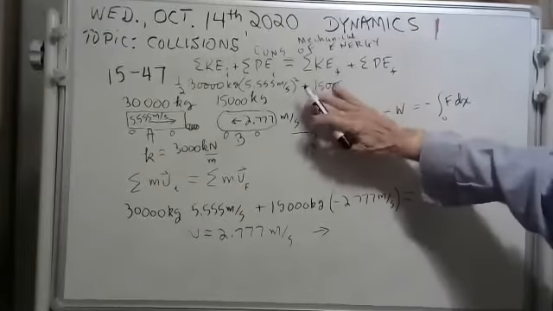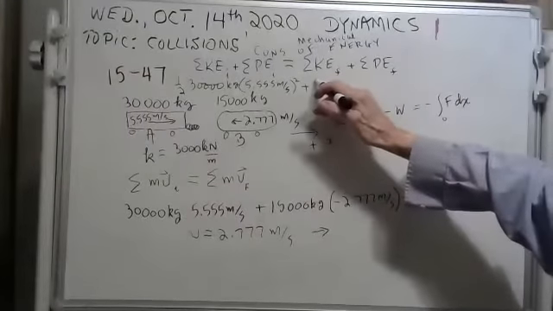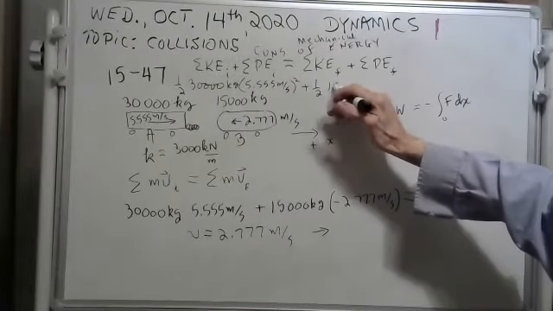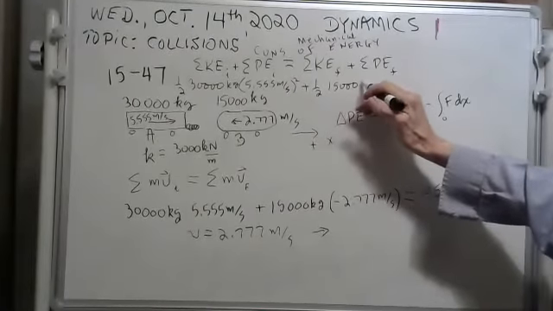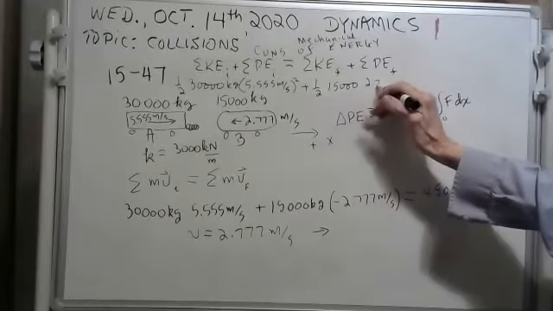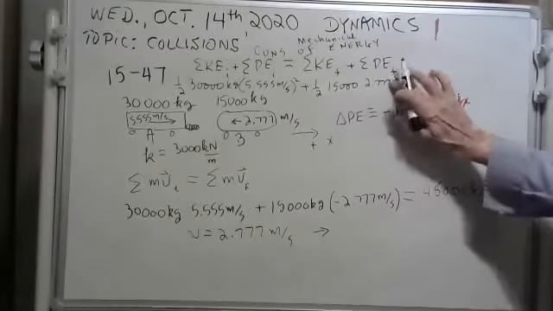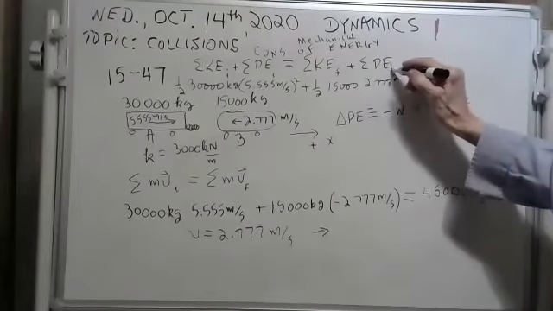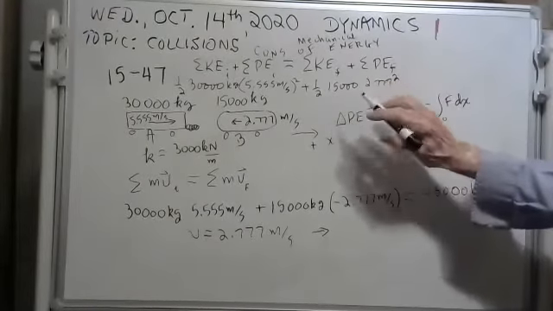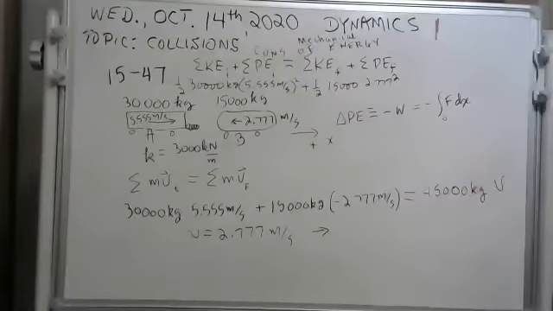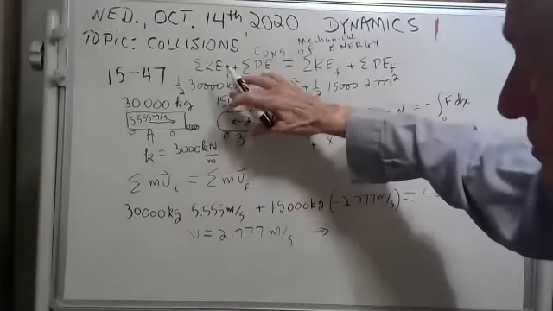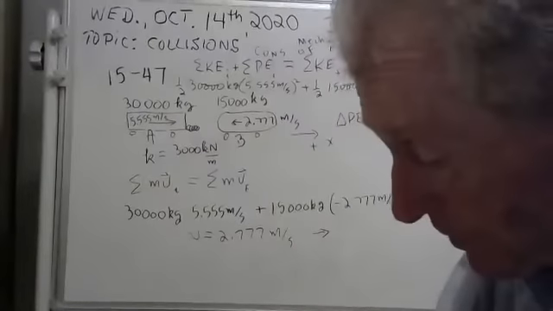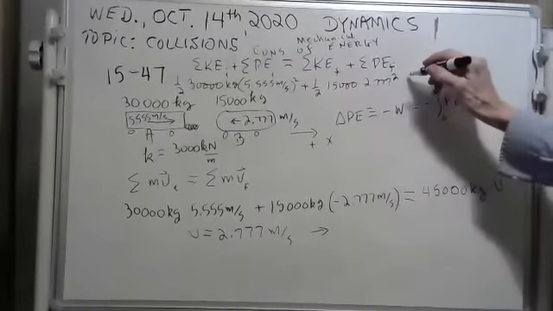Wait a minute, I forgot the half. I just about goofed up there. Kinetic energy is 1/2 the mass, 15,000 times 2.777 squared. There we go. Well, there is no elastic potential energy yet because they haven't collided yet. So that's it for the left-hand side.